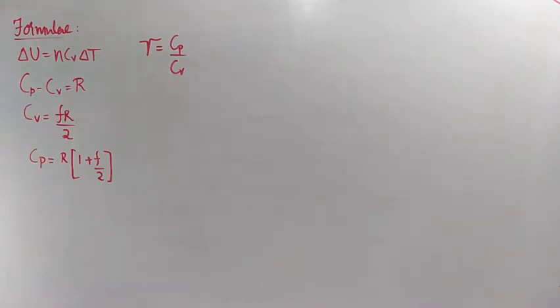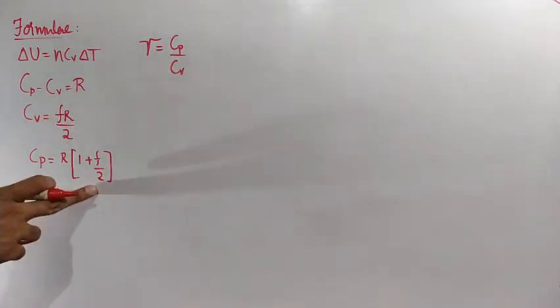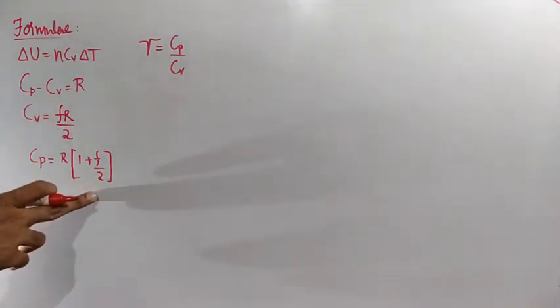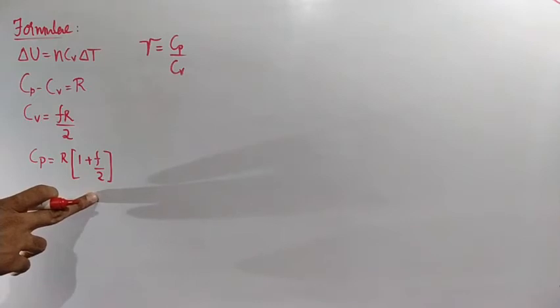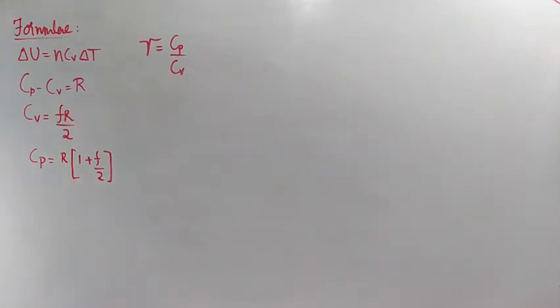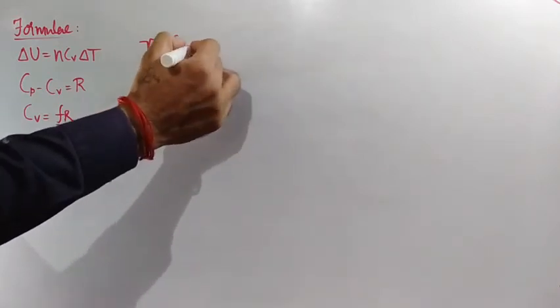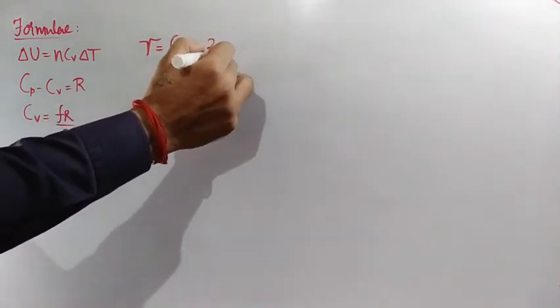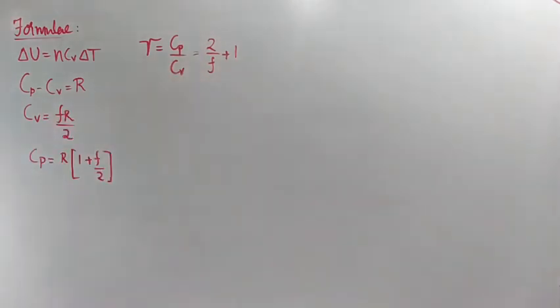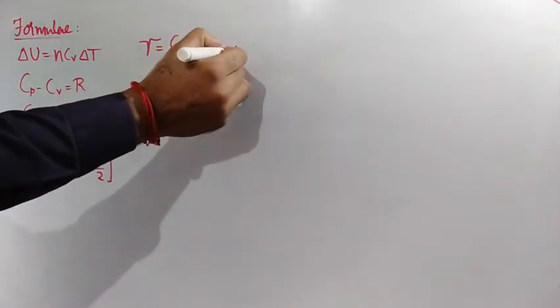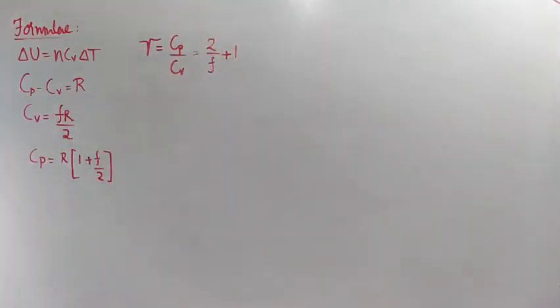Take the LCM: numerator 2 plus f divided by f. 2 plus f by f means 2 by f plus 1. Clear? I can write it as 2 by f plus 1 or 1 plus 2 by f. Somehow you should remember it.